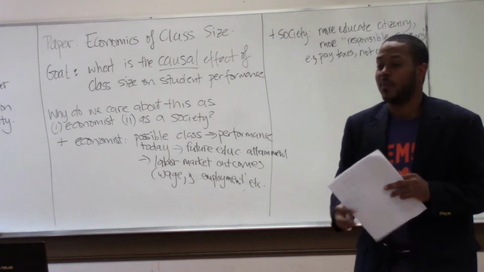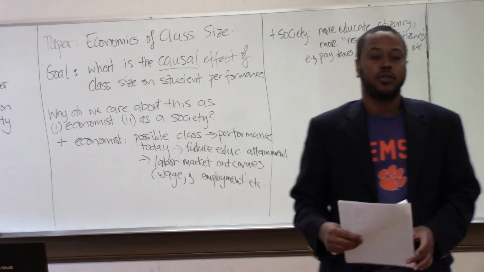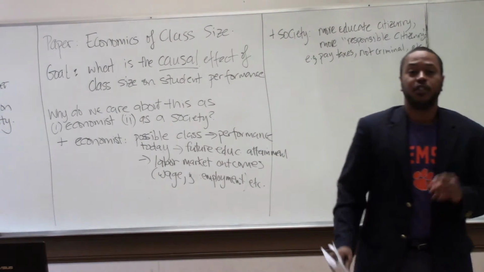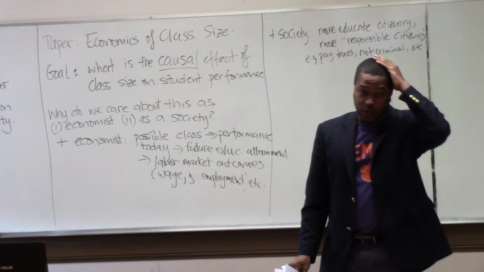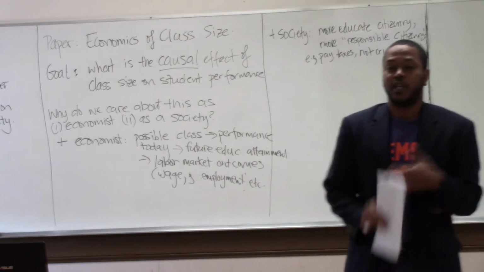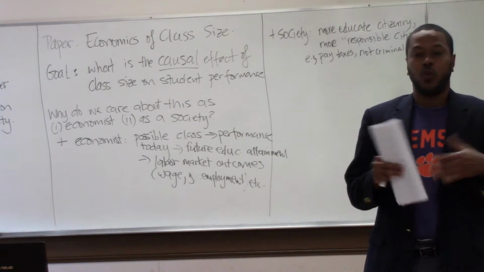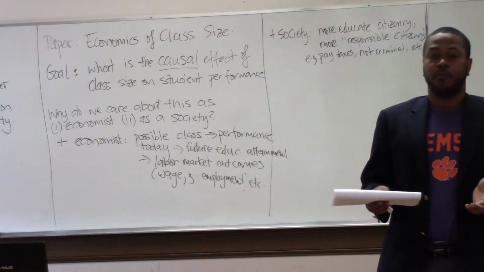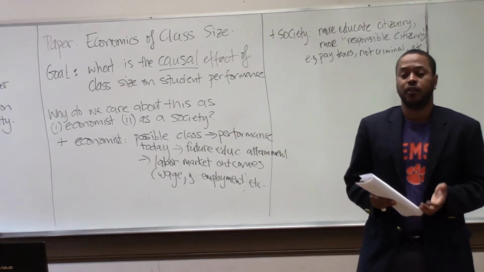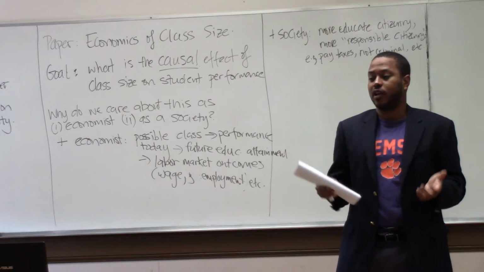So what we're going to talk about next is what is the economic model. There are two dominant approaches when it comes to economics. You can have an empirical approach where you take a bunch of data and you say, what do we see in the data? Let's say you had data on student performance and data on class sizes.